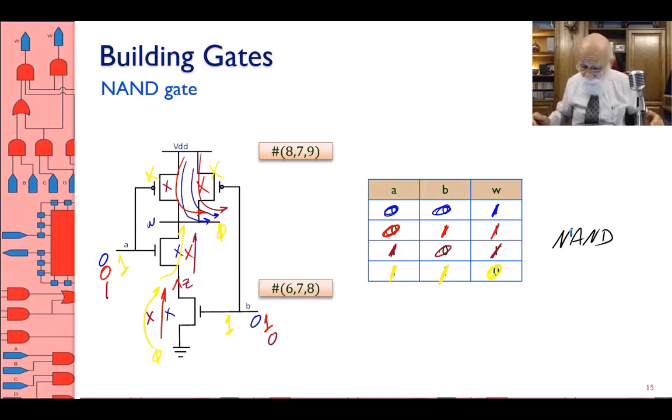Okay? This is a complementary logic. Either the structure at the bottom conducts or the structure at the top conducts. Either the pull down conducts or the pull up conducts.